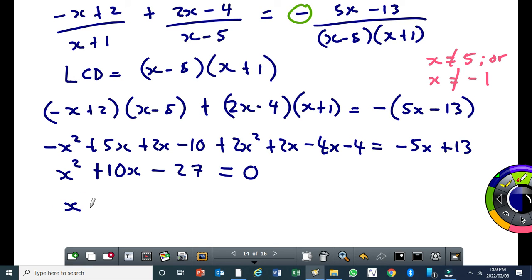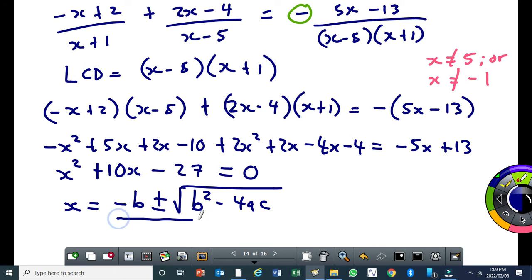I'm going to derive the quadratic formula in the next few days. The quadratic formula is x equal to minus b plus or minus the square root of b squared minus 4ac, all over 2a. It's not that hard, guys. It's just substitution.